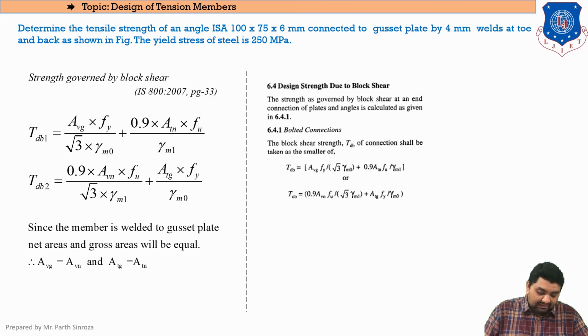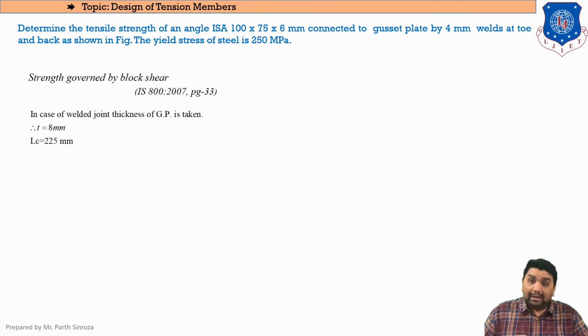So here AVG will be equal to AVN and ATG will be equal to ATN. So there is no need to find 4 parameters. We'll always be solving 2 parameters, that is the gross area due to shear and the gross area due to tension. For this we'll be referring to our section.